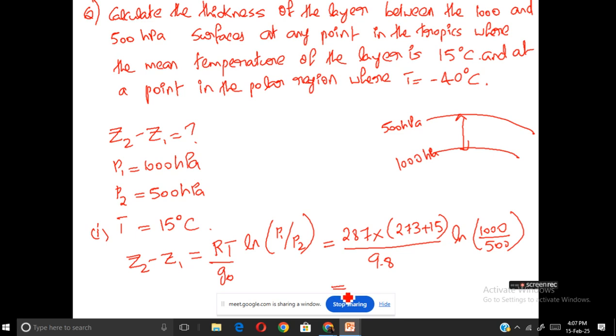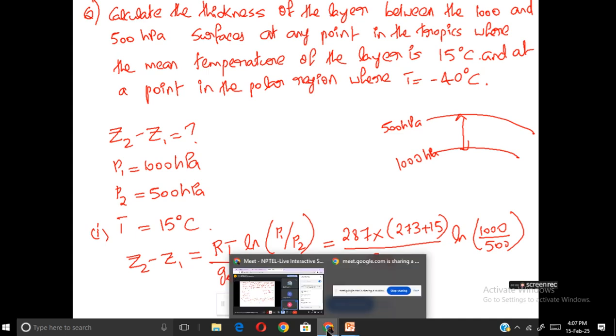Can you calculate the thickness between the two layers over the tropics, Z2 minus Z1? How much will it be? What will be the thickness between these two?